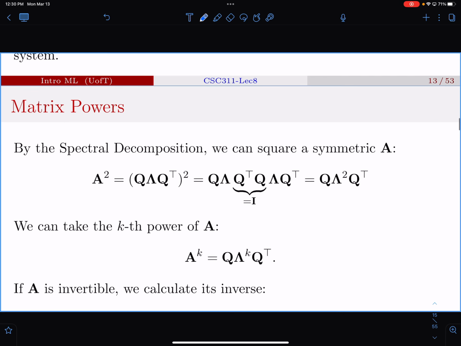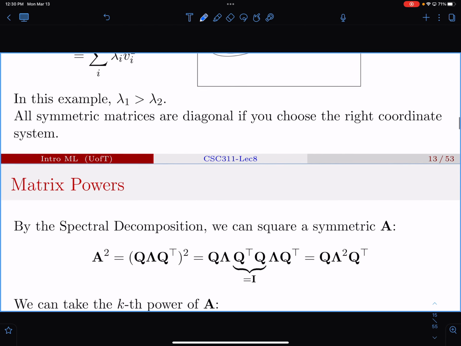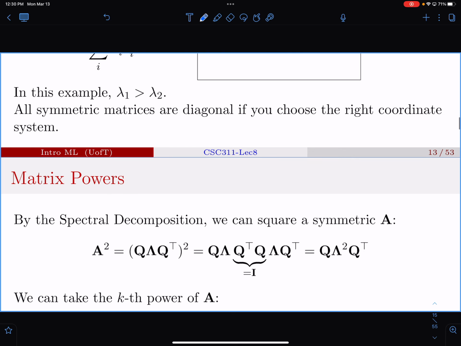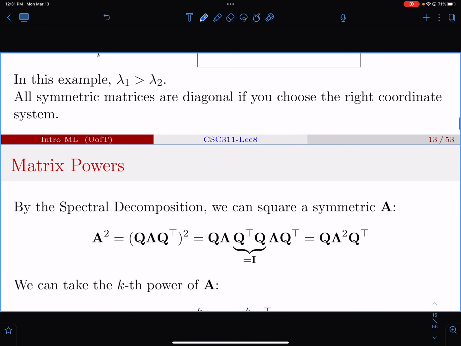And then a few other linear algebra concepts. In general, if you were to take a matrix to the 100th power, it's really hard if you try to do it naively, multiplying one matrix by another one at a time.